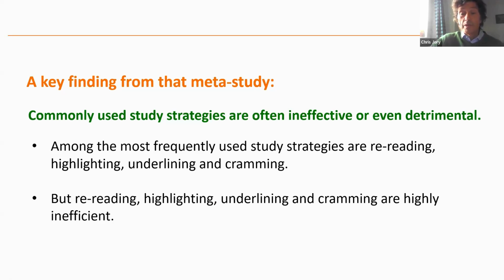They were found to be, although very popular and very common, and often the first thing that students might think of if they're not guided towards more effective techniques, quite inefficient. They may take time and not lead to long-term retention of what the students are trying to learn.